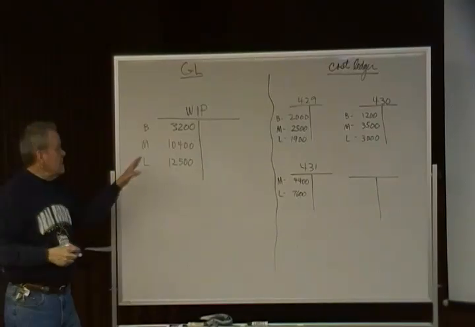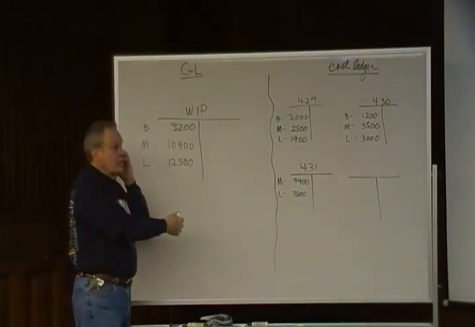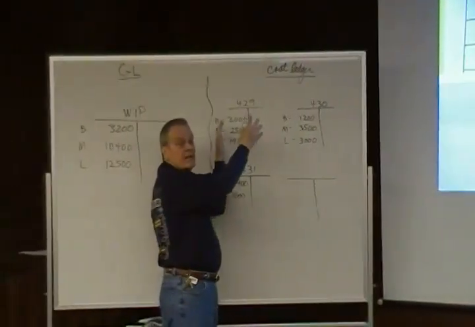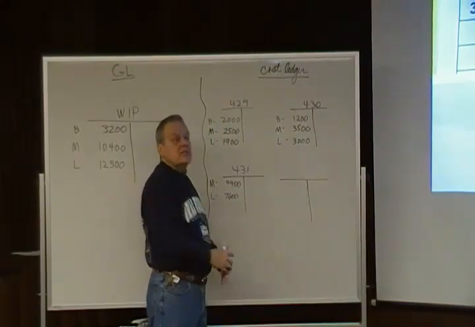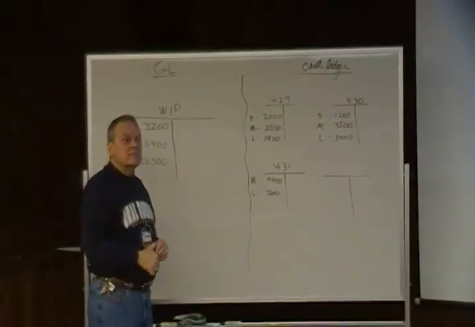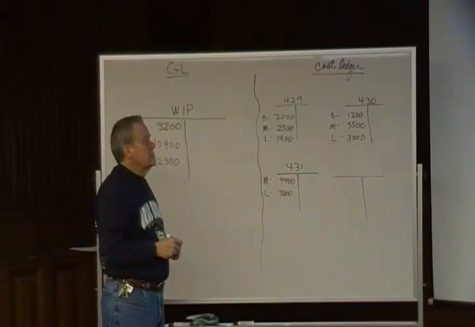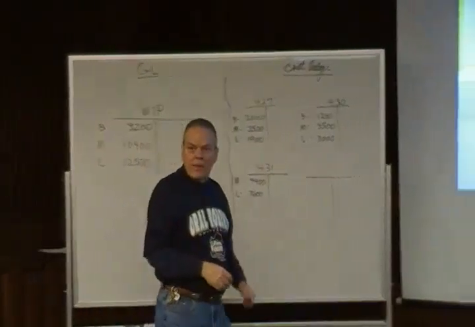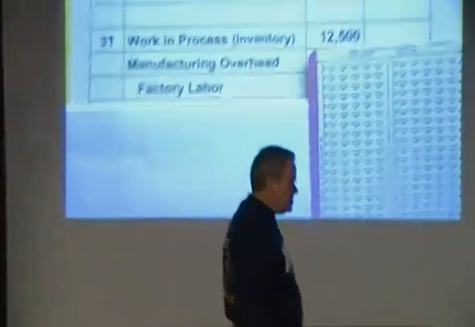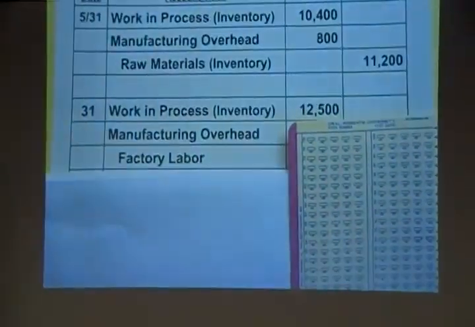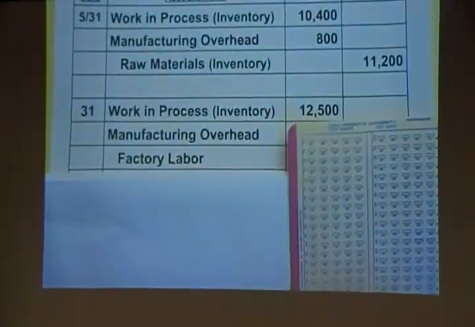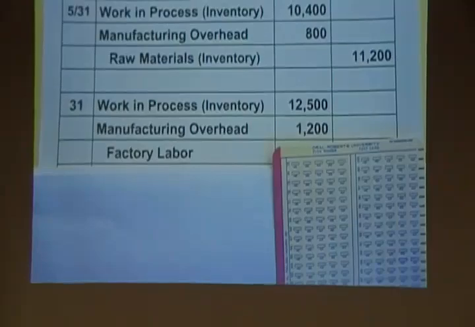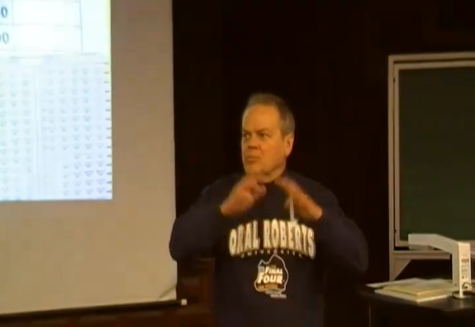The general ledger has to have the summary information, the details to which are provided in the subsidiary ledger, in the cost ledger. Debit manufacturing overhead, how much? 1,200. 1,200 was described in the problem as indirect, general use. You concluded it was indirect labor. It wasn't traceable to a specific job. It helped out on all the jobs. Yes?